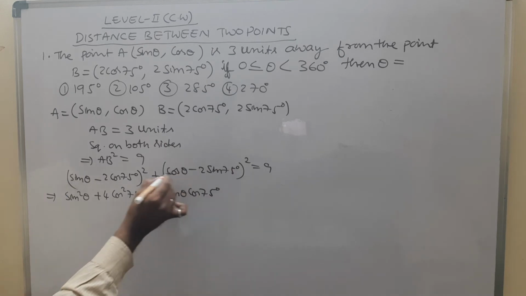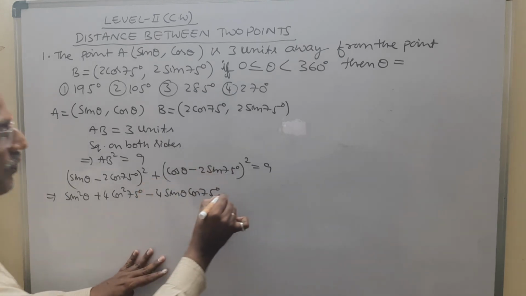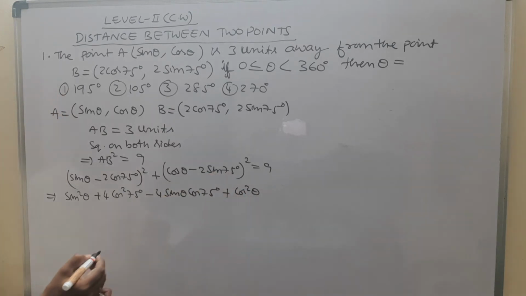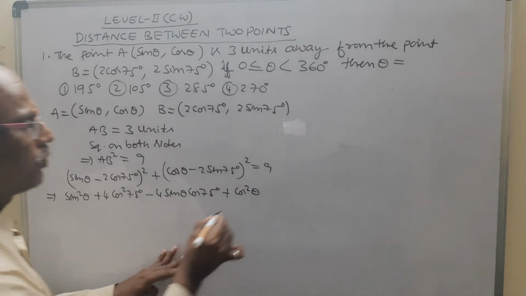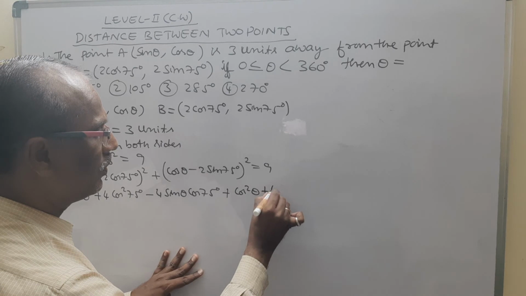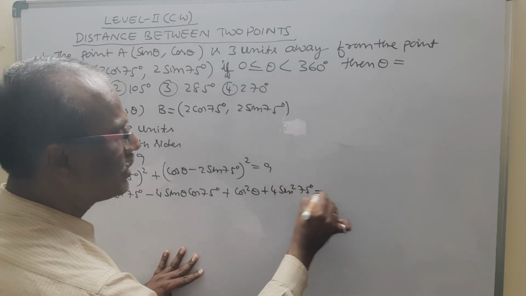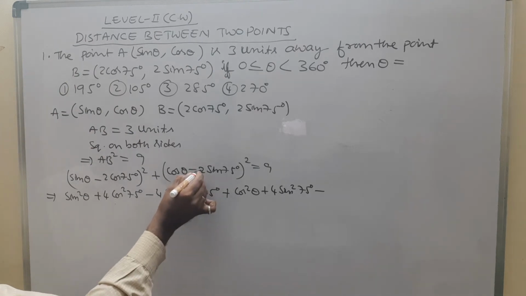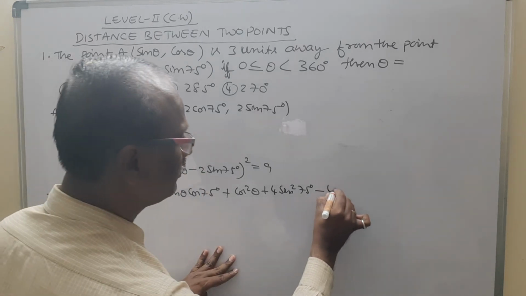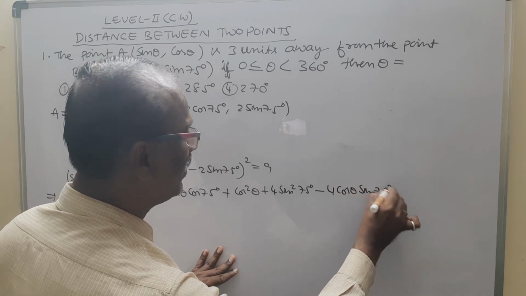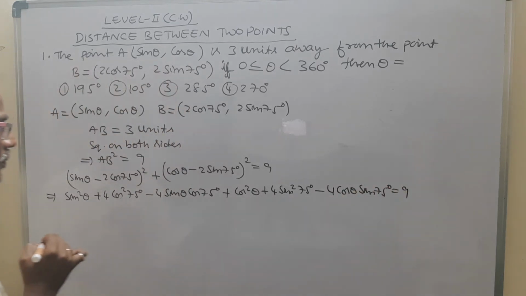Here also apply a minus b whole square formula: cos square theta, 2 sin 75 whole square, 4 sin square 75 degree, minus 2ab, 2 to 4, 4 cos theta sin 75 degree is equal to 9.